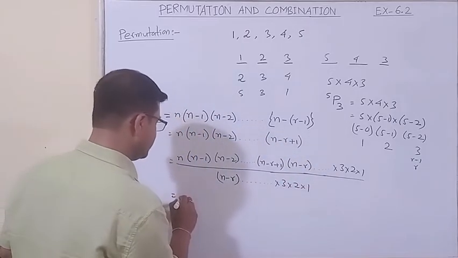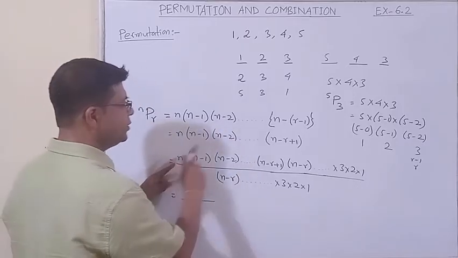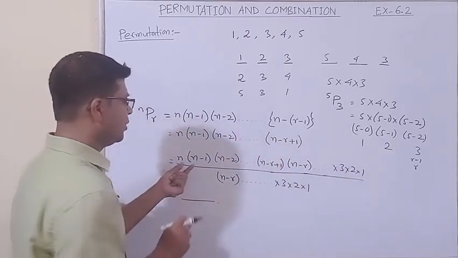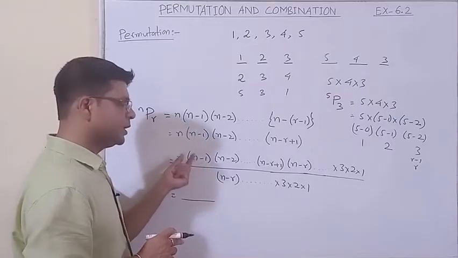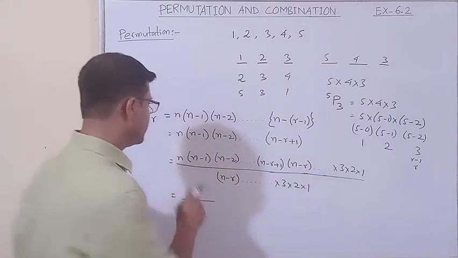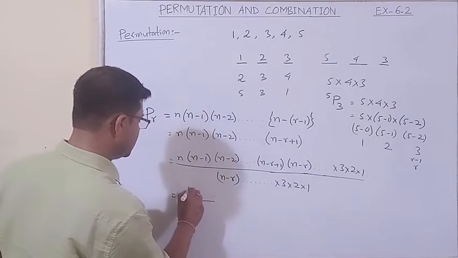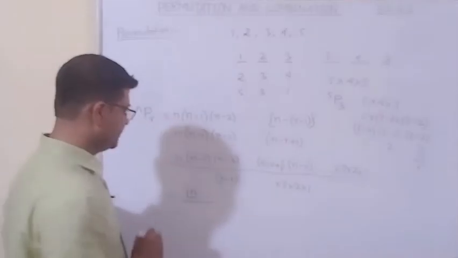Dear students, you can remember this. It is from n to 1; all the consecutive terms in decreasing order are multiplied. So what is their product? This product is obviously n factorial.